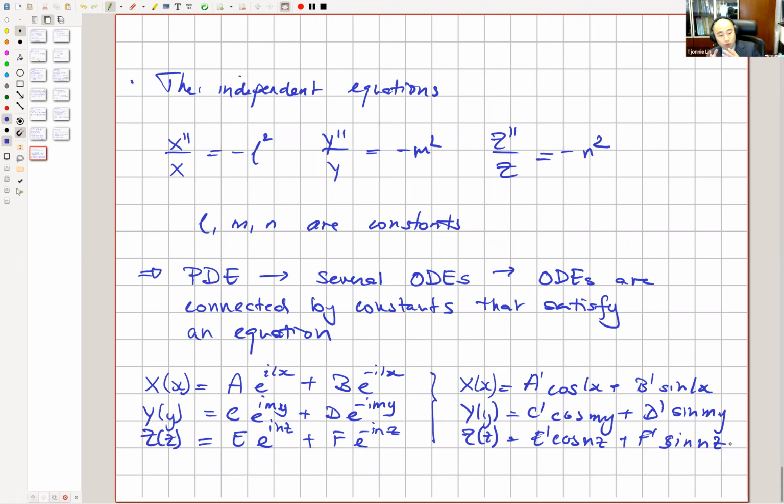So I now have generic solutions to big X, big Y, big Z, and I know the way in which they have to be combined. So I know the relationship between L, M, and N.